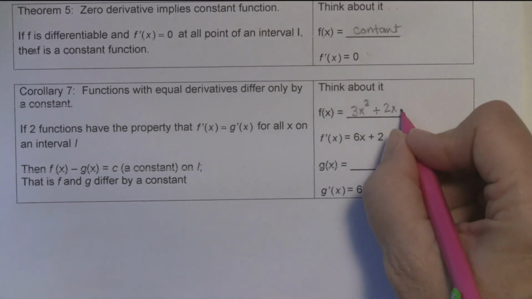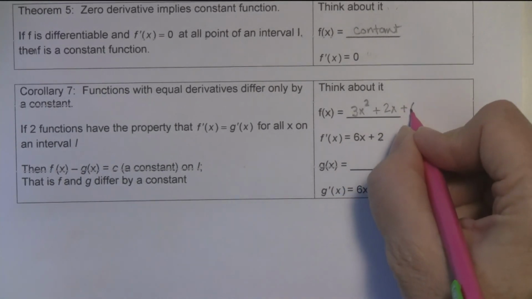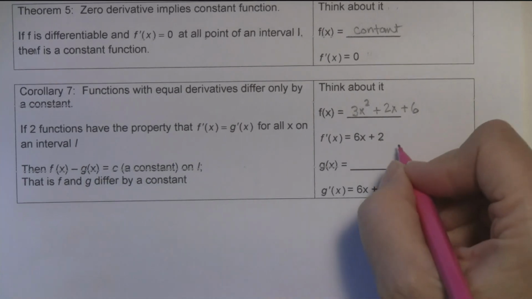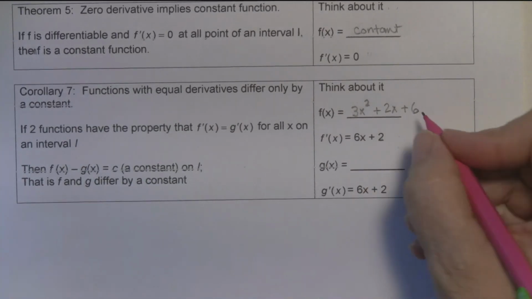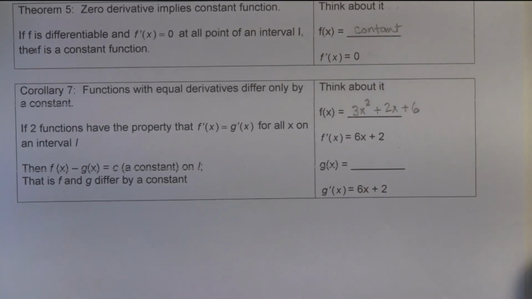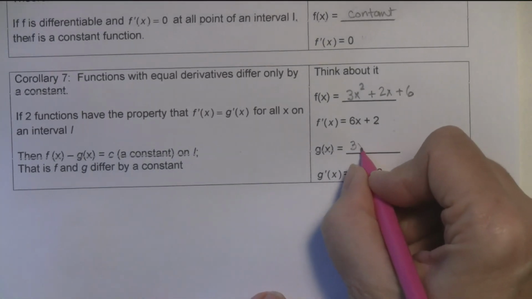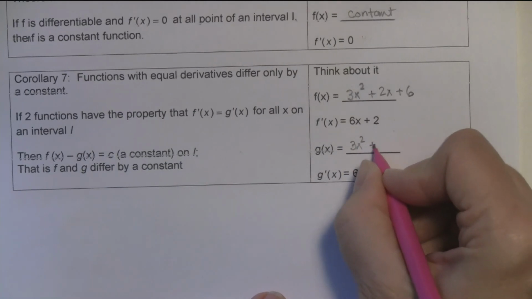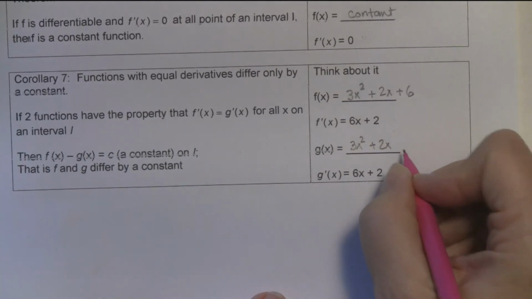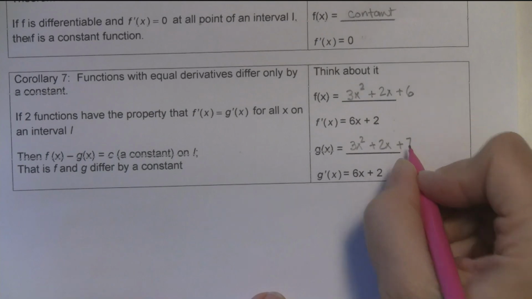And would you agree that I could put plus 6 here? Because when I take the derivative of 6, I get 0. So you wouldn't know what I had there for sure. So again, with g, take the derivative of it. Well, it has to be 3x squared. It has to be 2x, right? And this could be 7.